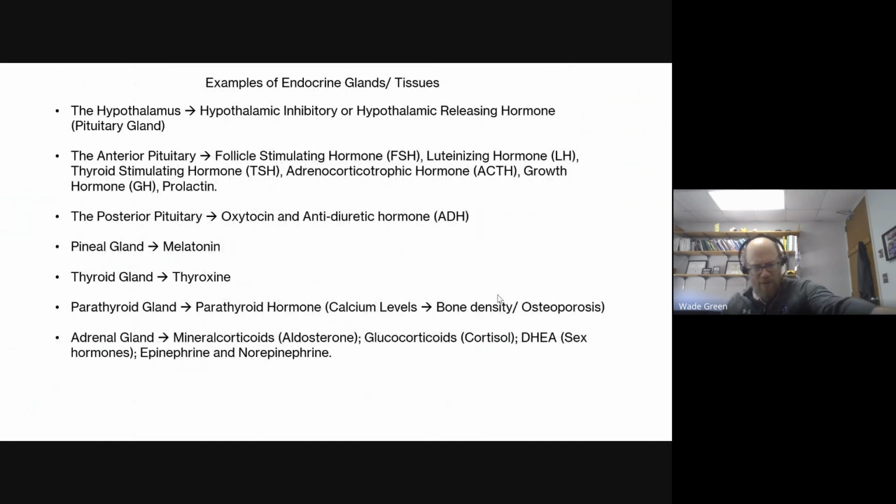So what are some of the hormones that these glands essentially secrete? Okay, we have the hypothalamus, and so the hypothalamus secretes hypothalamic inhibitory or hypothalamic releasing hormones to the anterior pituitary.